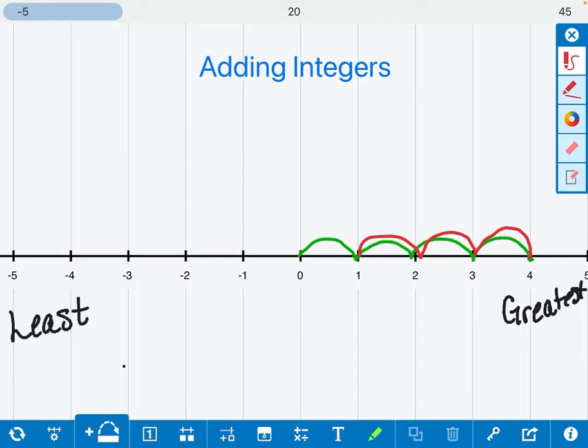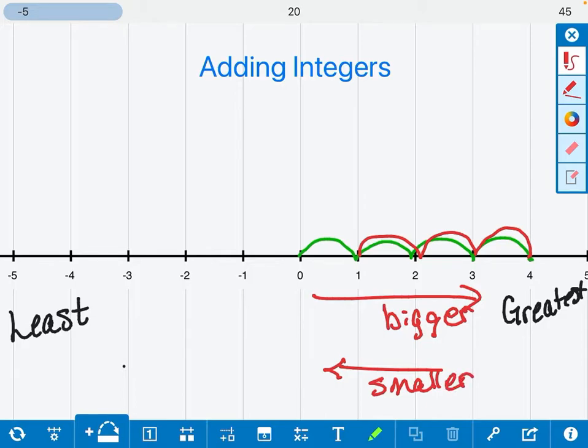So if we go to the right on the number line, our number gets bigger, and if we go to the left, our number gets smaller.